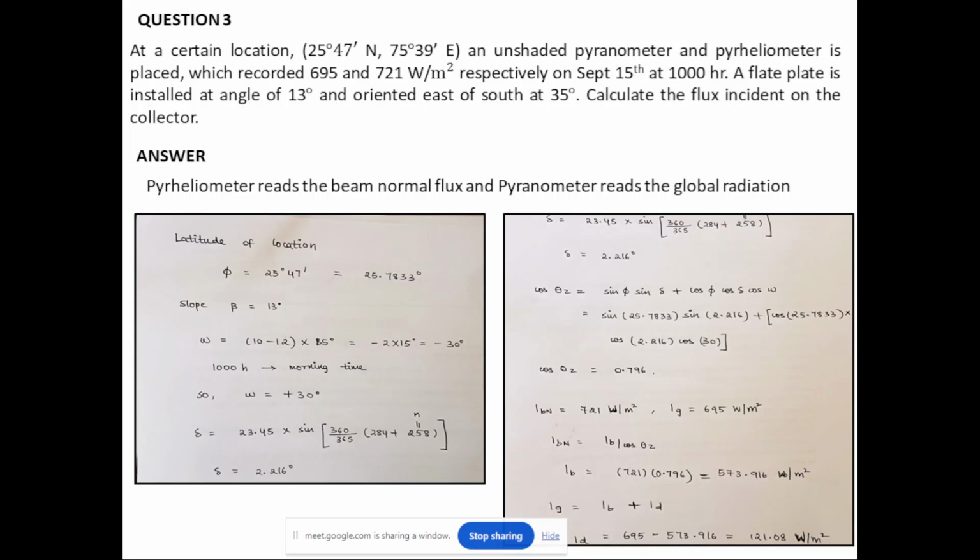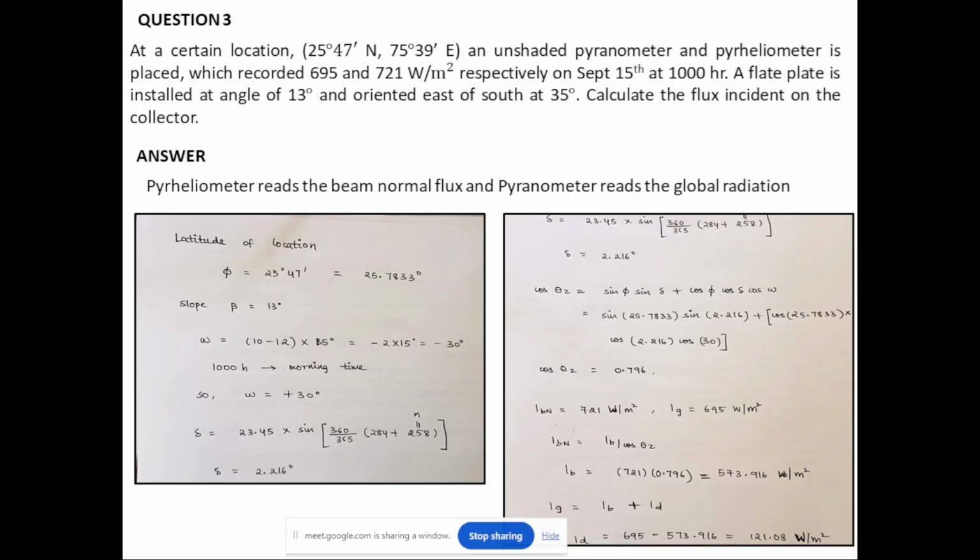If you observed carefully in the week 1 lecture, the very first video, the working principle of the pyrheliometer and pyranometer was clearly described.